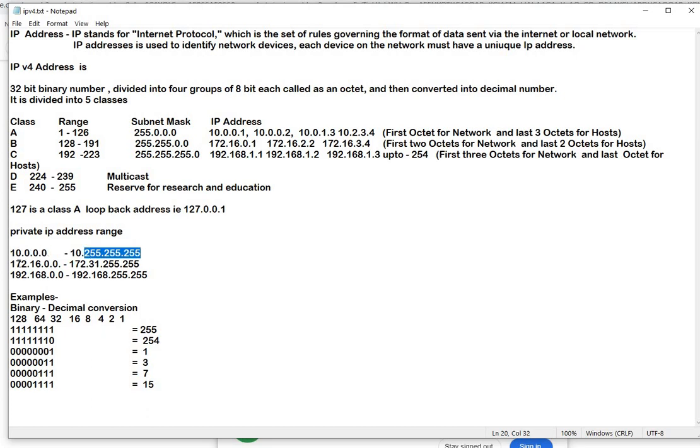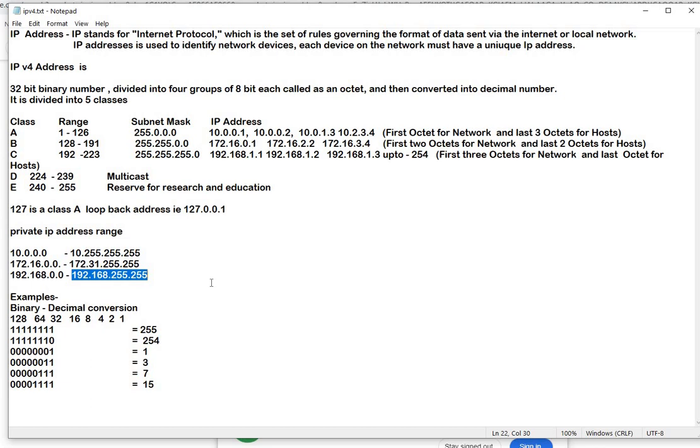For class B, the range is 172.16 to 172.31. Similarly, the class C range starts with 192.168 and ends at 192.168.255.255. This is the private IP range. Other than this, all the IP range is public.